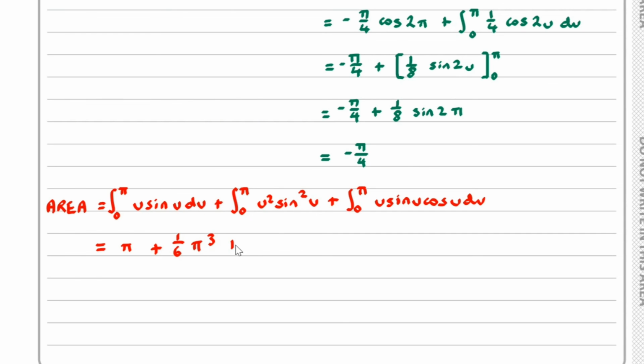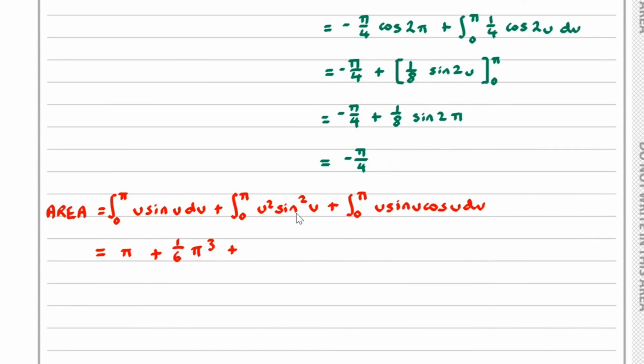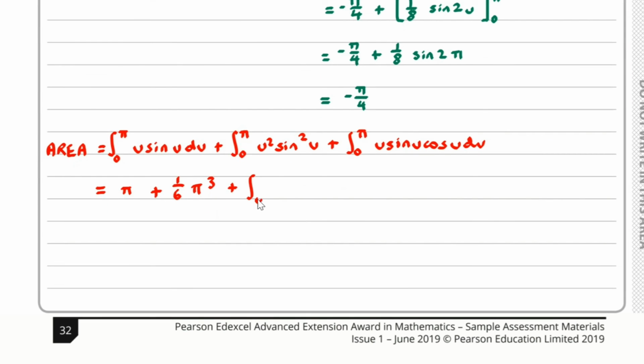pi cubed, and then we added on, if you remember, u sine u cos u. So we added on the integral from 0 to pi of u sine u cos u du in between 0 and pi. So that was this here. And then we're adding on to it this result here.